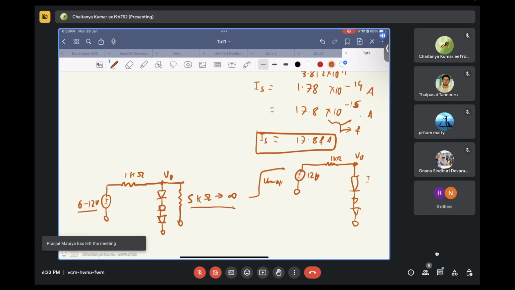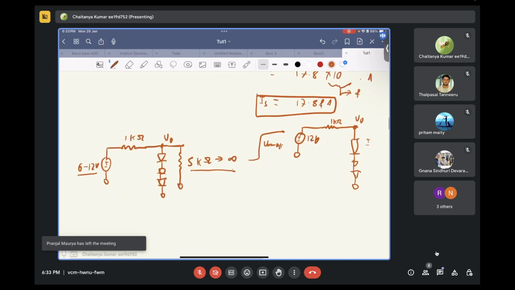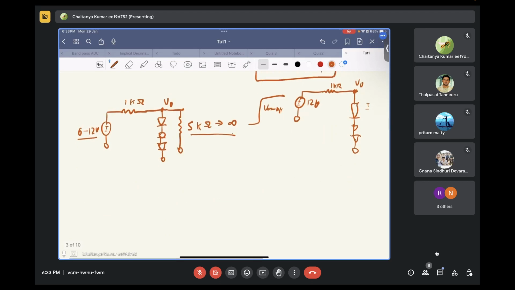So what we will assume is, we will try to incorporate the things that we learned in our class on small signal analysis.